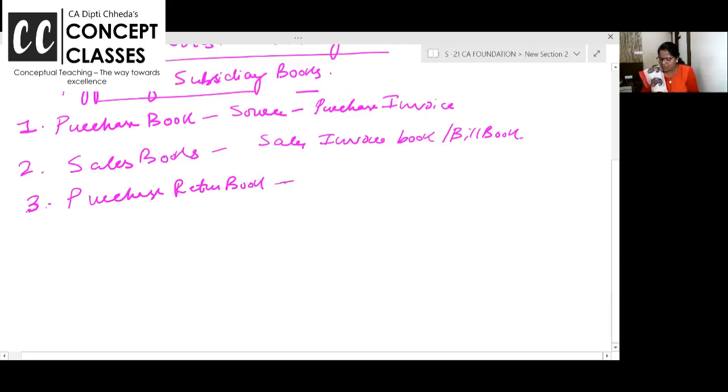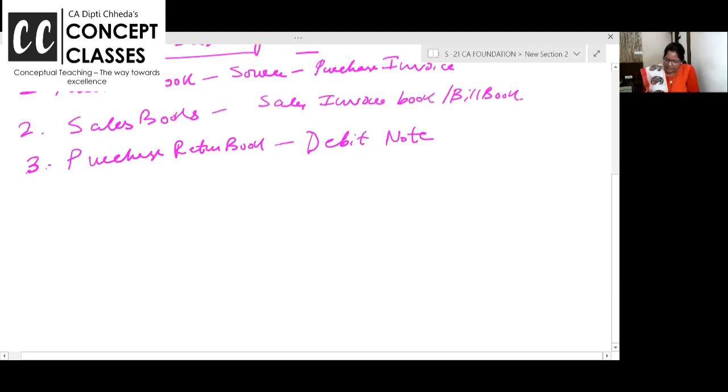Answer is no. Purchase return आप separately record करोगे and the source document is debit note. I'll explain debit note and credit note and all in detail in tomorrow's class. So right now just write debit note. Sales book, credit note. Sorry, yeah, sales book तो ऊपर ही आ गया है. This is sales return book.